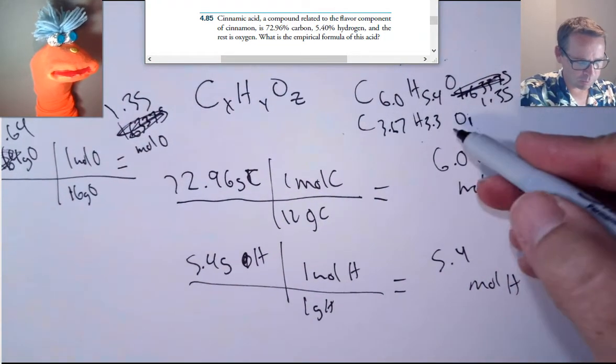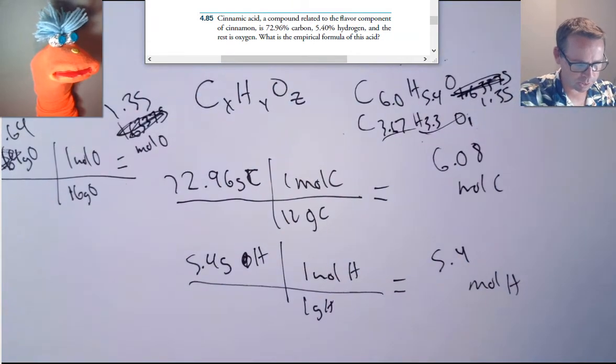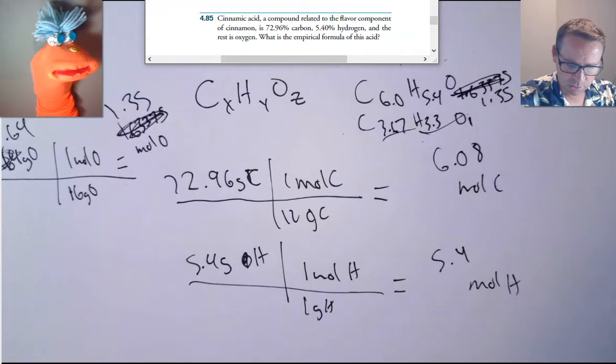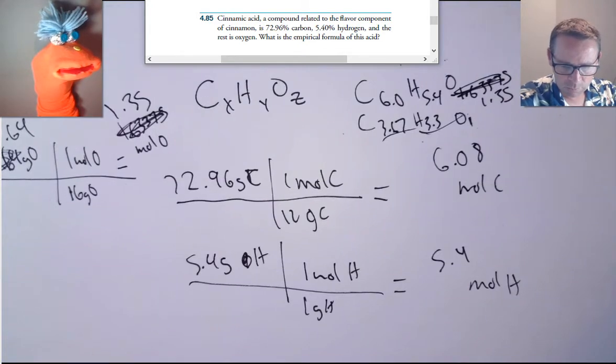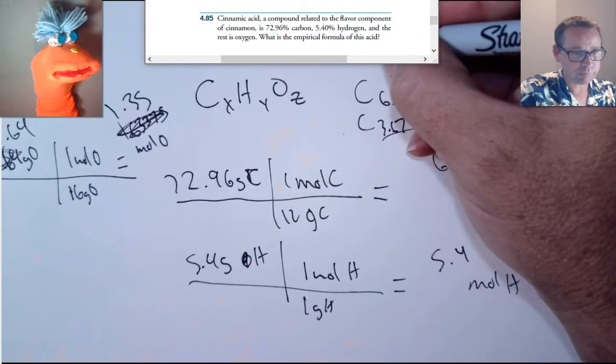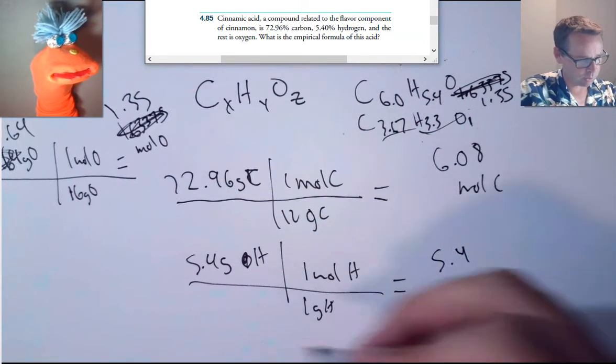Okay, so if I divide all of them by 1.35, then I got 6 here, divided by the 1.35. All right, that's 4.4. Still not a very friendly number.